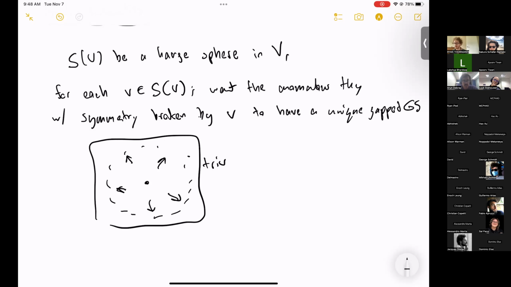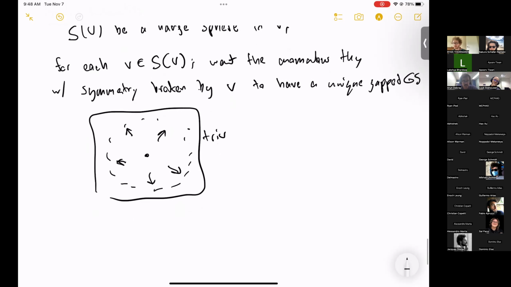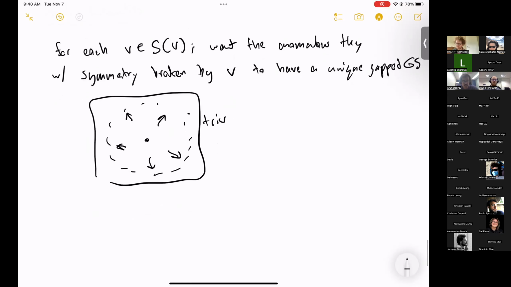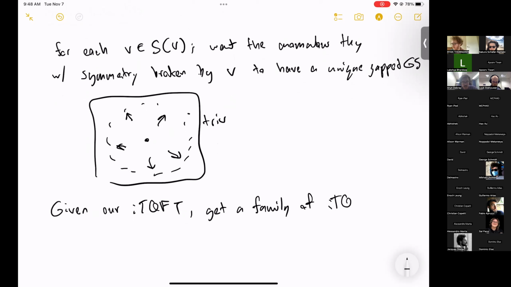It turns out there's a solution to this problem. Given our invertible TQFT, we get a family of invertible TQFTs over the sphere by breaking the symmetry.